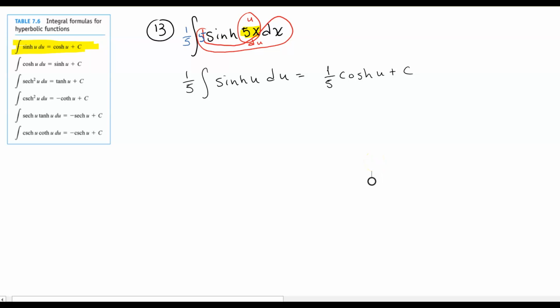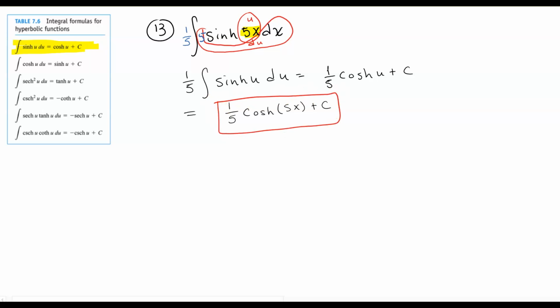Now I can replace this u with what my actual u was, which was 5x. So 1/5 of the cosh of 5x plus c is my answer for this indefinite integral problem.